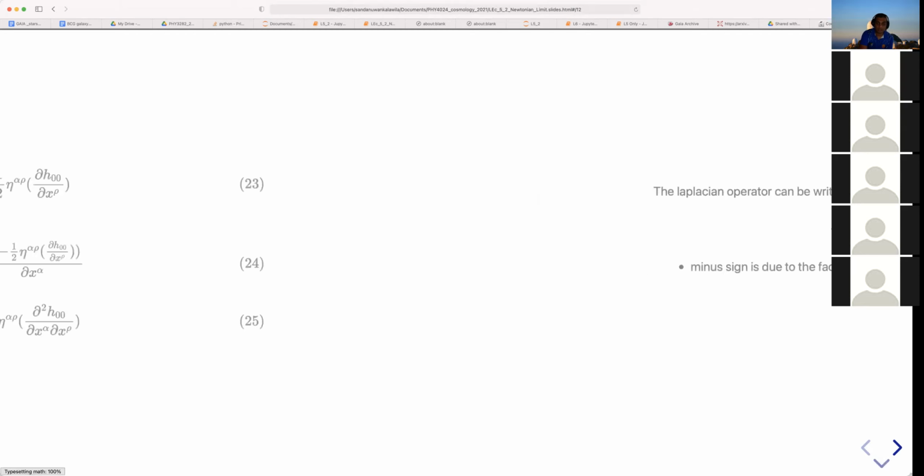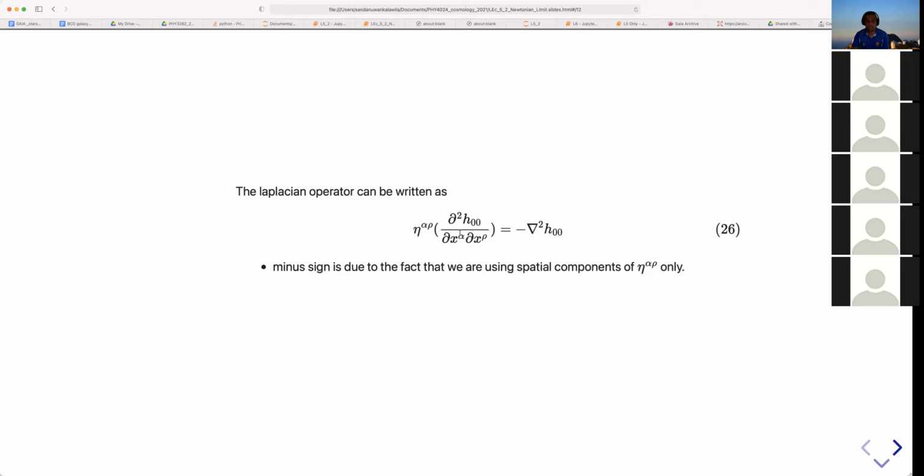Right, for this expression, you can directly write grad squared H00, right? Now, instead of eta alpha rho here, I have replaced it with a minus sign. That is due to the fact that we are using only the spatial components of eta alpha rho.